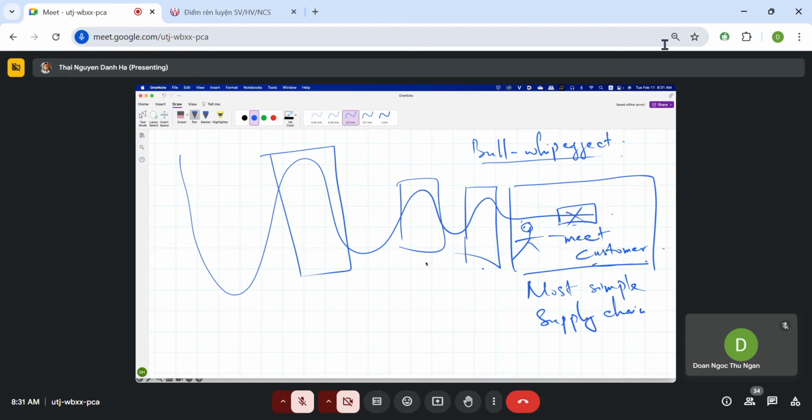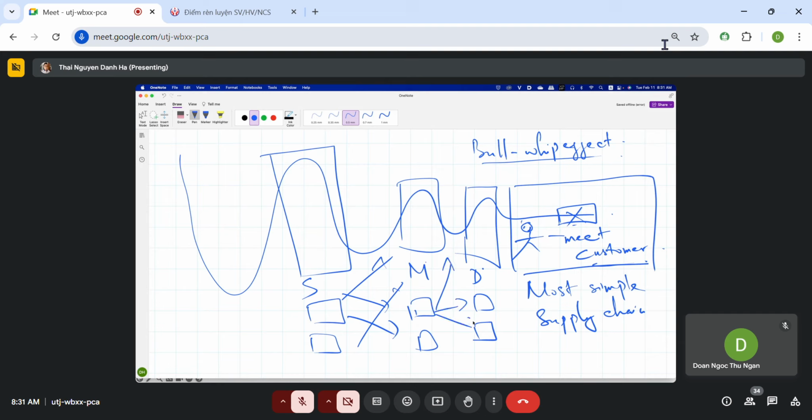The manufacturer is the supplier, and at each point we have a different type of supplier and a different manufacturer here. It's more complicated, right?